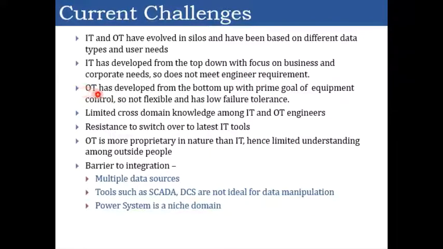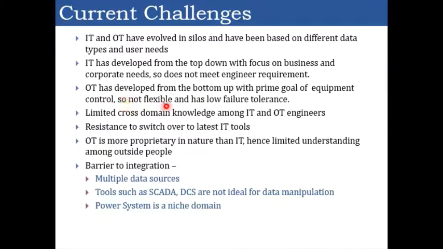Now, what is operational technology? Operational technology has developed from a bottom-up approach, meaning at the bottom you develop the operational technology because you need to monitor and control the operations of a plant, machinery or the complete system. So the goal of operational technology is equipment control.